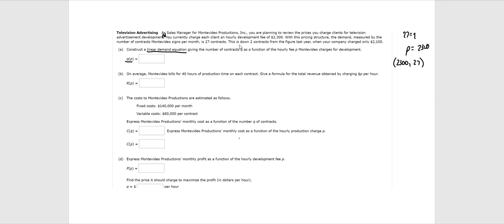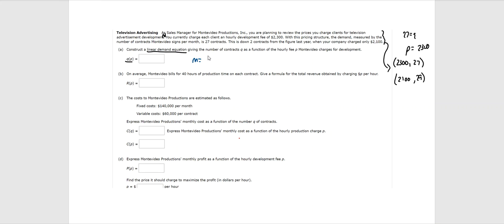Now, this is down 2 contracts, so it was 29 when the company charged 2,100. So all of this boils down to giving us 2 points. Now with those 2 points, we can find the slope.